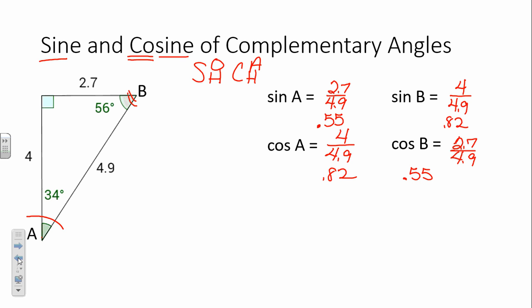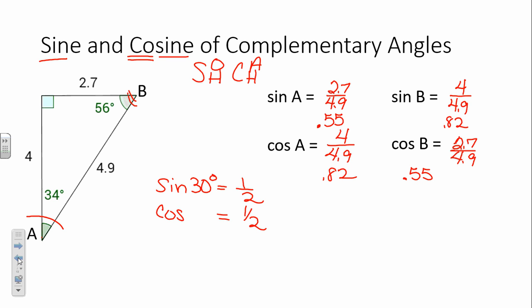Okay? That makes sense. A lot of words. So if I told you that the sine of 30 degrees is 1/2, the cosine of what will also be 1/2? If the angle A is now 30, then the angle B would have to be 60.